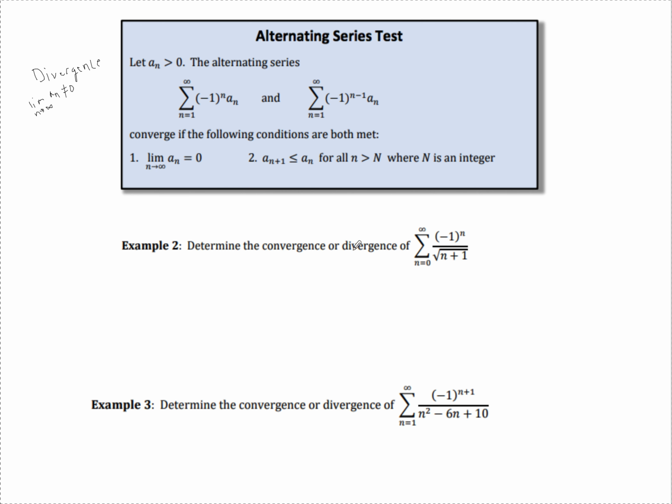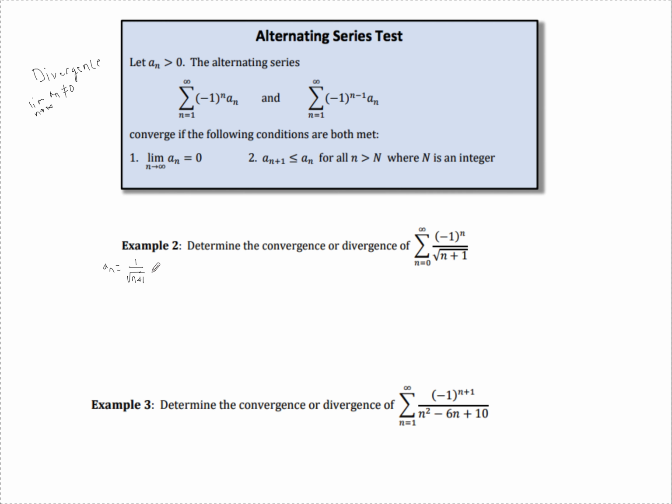Let's determine the convergence or divergence of this specific series. The first question we have to answer is, is this series alternating? It has a (-1) to the n, and then the square root of n plus 1, as n goes from 0 to infinity, that will always be positive. It's nice to define things, so we can say a sub n is 1 over the square root of n plus 1.